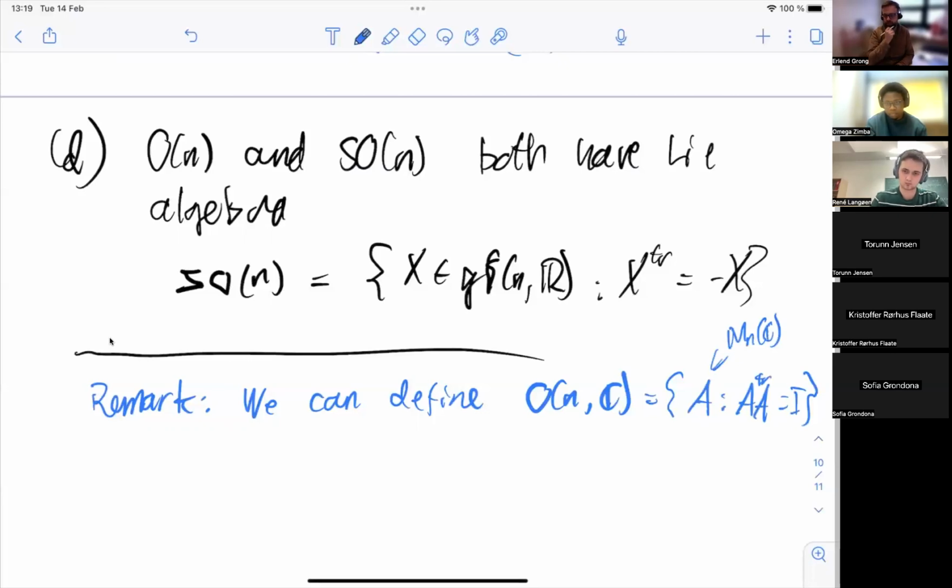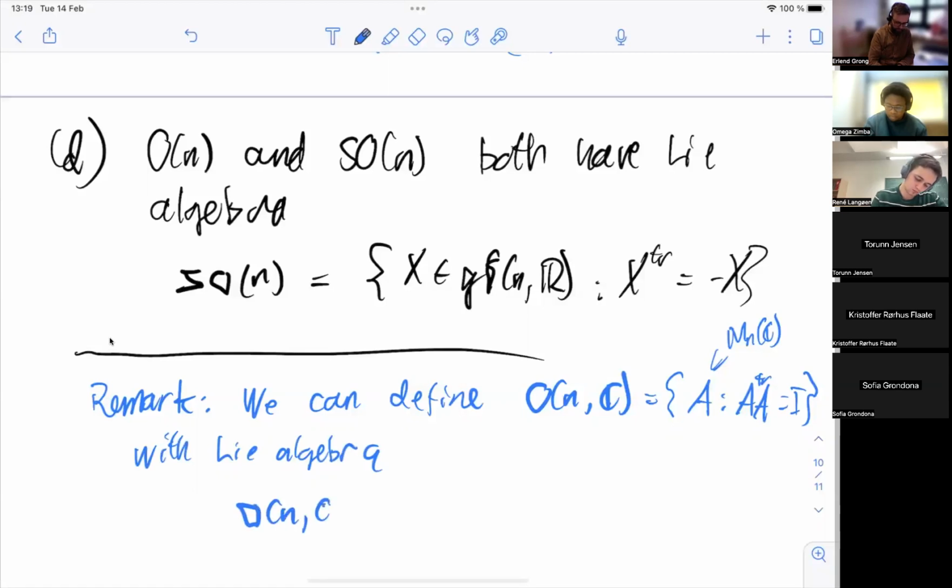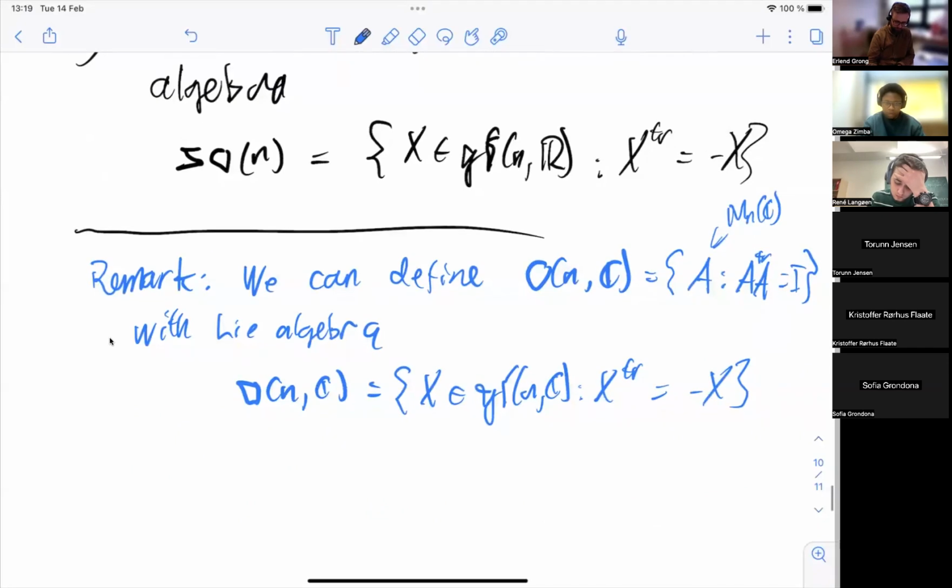This we can do. It will not preserve any inner product or anything, but it's fine. It will be a Lie group, with the algebra, let's say o(n, C), because now it will be different for O(n) and SO(n). Which is in gl(n, C), and this will be closed.